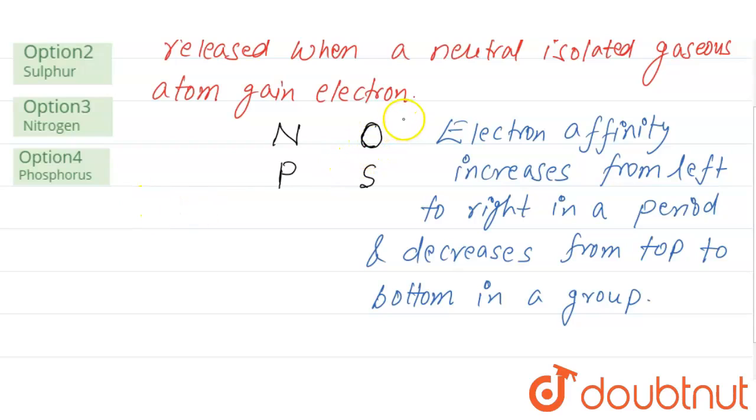but due to some exception between oxygen and sulfur, the sulfur has more electron affinity.